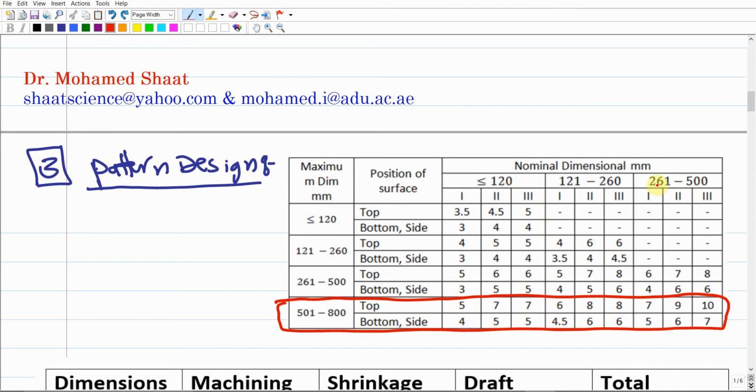It is between 261 up to 500 and above, so it is higher than 500. It means that we're going to use these three columns, and we are working as second grade, or grade 2, for the machining. And the 600 connects side surface to another side surface, so both surfaces are going to take 6mm machining.